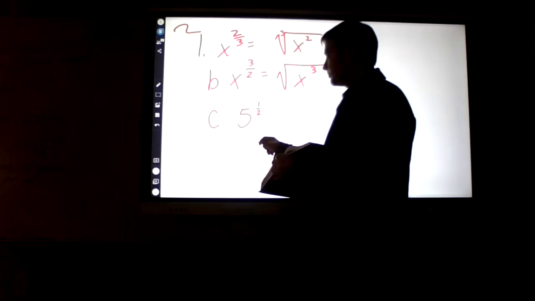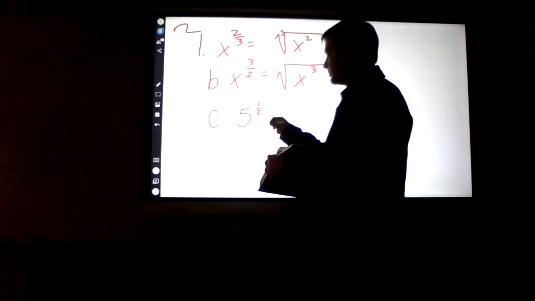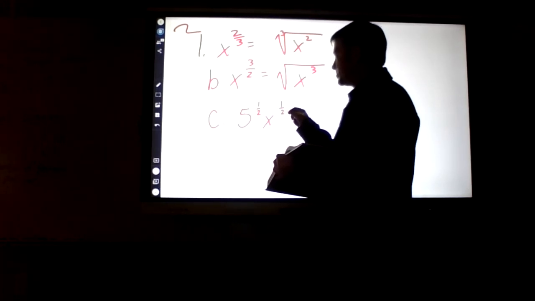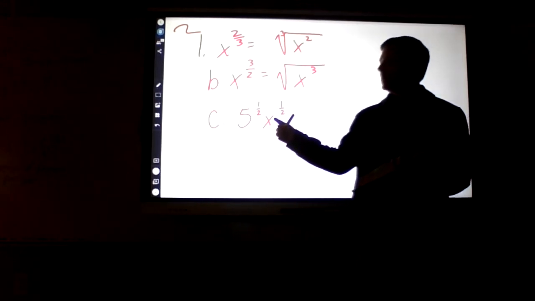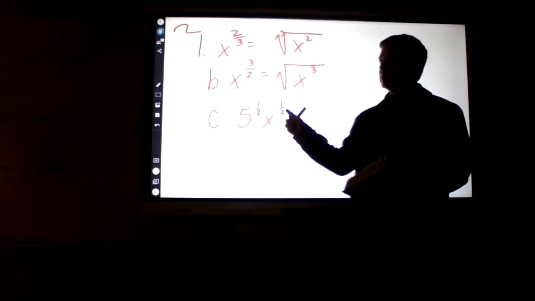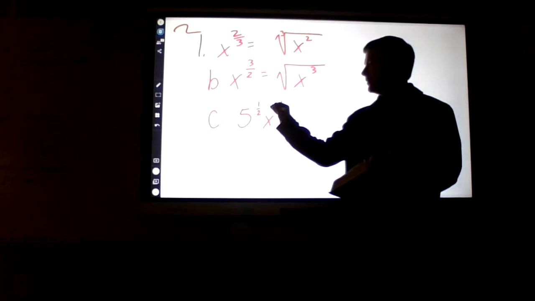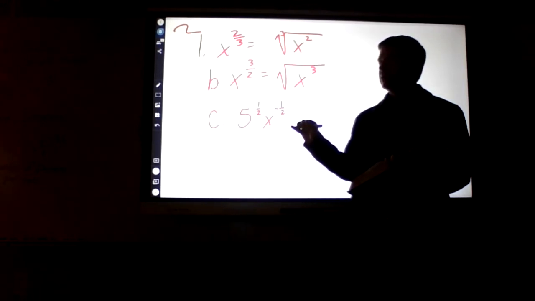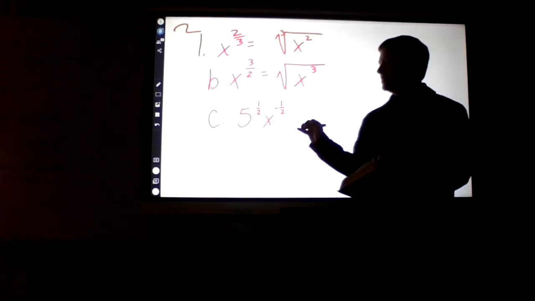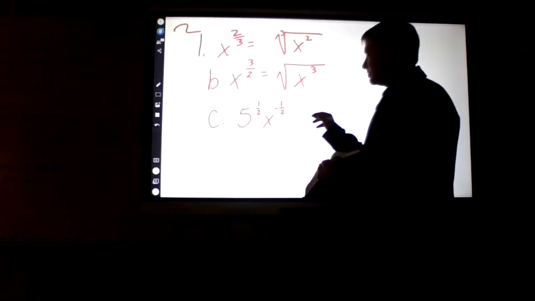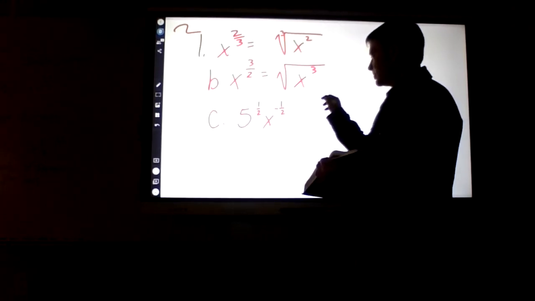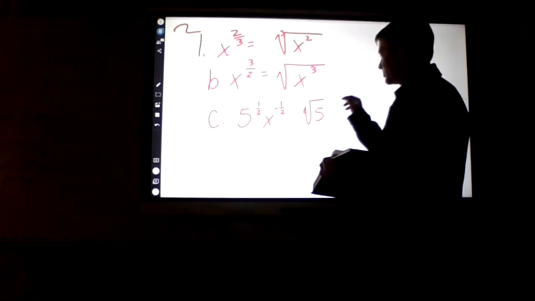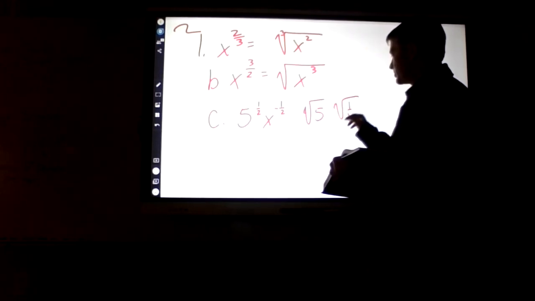What does a negative on the exponent do? Flips it. So it's 1 over x, and it's just square root of 1 over x, right? Yes. So what's the square root of 5 times the square root of 1 over x?